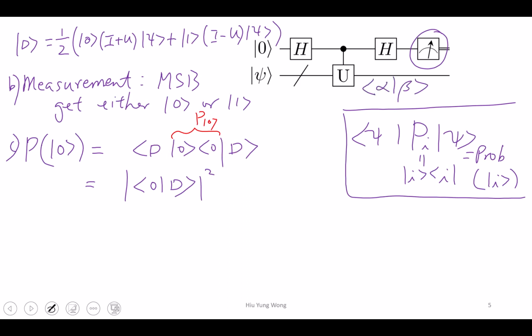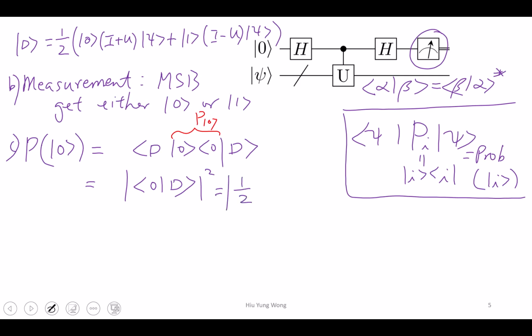Alpha beta equals beta alpha star. So now you have these two complex conjugates times itself, which is just equal to the magnitude square. So all I need to find out is what is 0 dot product of D. And that is easy because I already factorized it. It's going to give me 0 when it inner product with the 1.